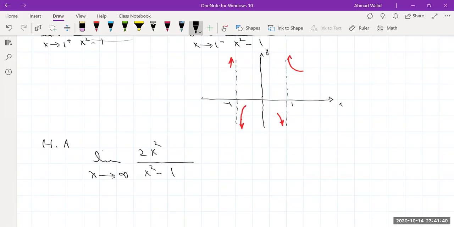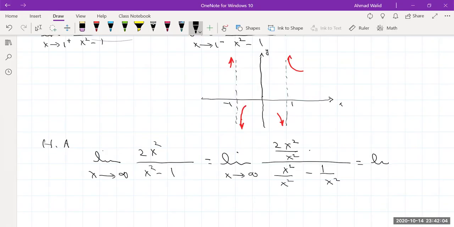We already learned, we divide all terms by the highest exponent of the denominator, which gives me the limit of 2x squared over x squared over x squared over x squared minus 1 over x squared as x approaches infinity. Let's simplify. The limit gives you 2 over 1 minus 1 over x squared as x approaches infinity.